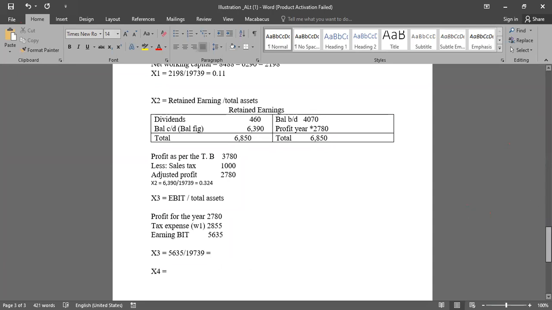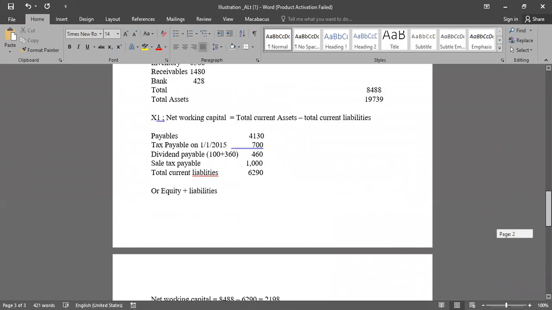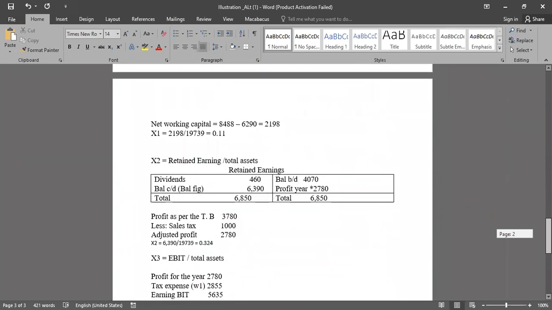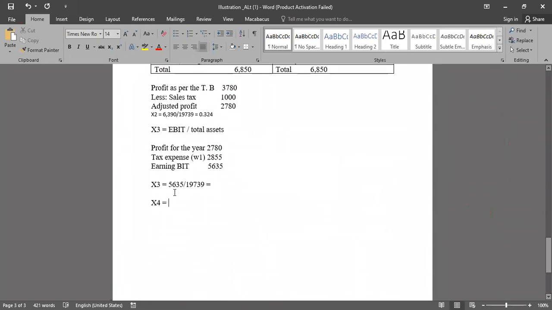X4, from the working, is given by market value of the equity divided by, is it book value of the total assets, which is the same as total assets.